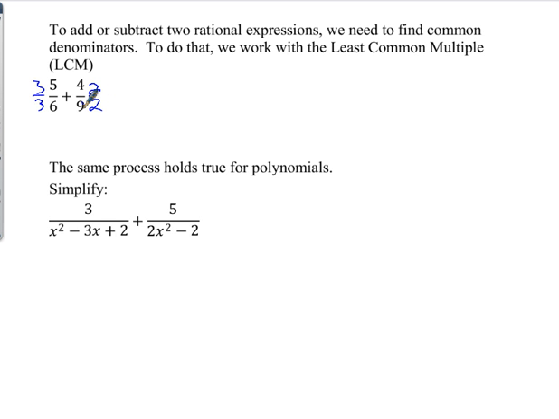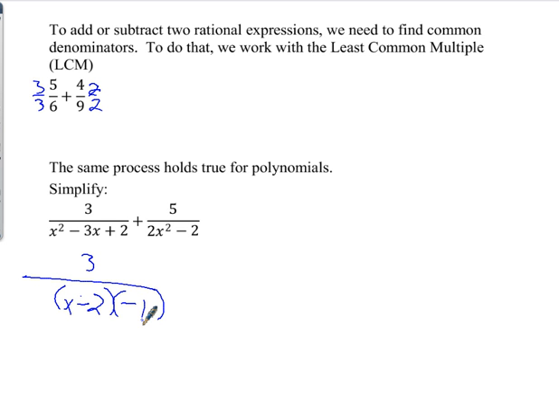So in algebra, we have to do the same thing. I give you this mess, and as of right now, we can't do anything with it. But if I factor the denominator, I'll have 3 over what? X plus? Oh, okay. Yeah, we got to have minus there. X minus, and you said 2 and 1? 2 and 1.